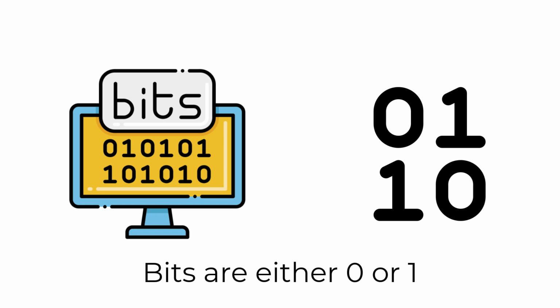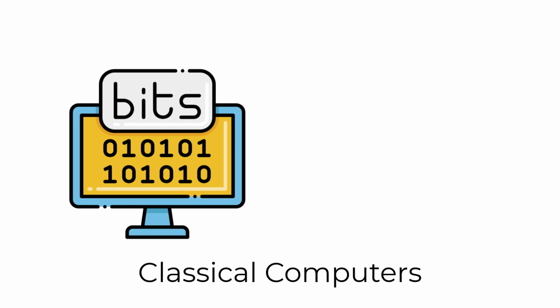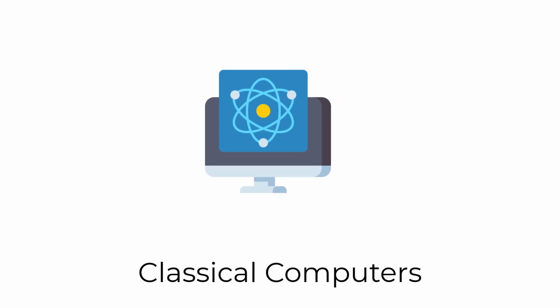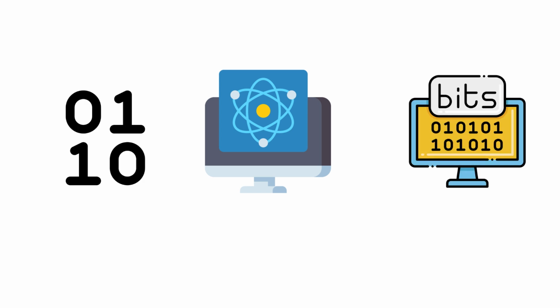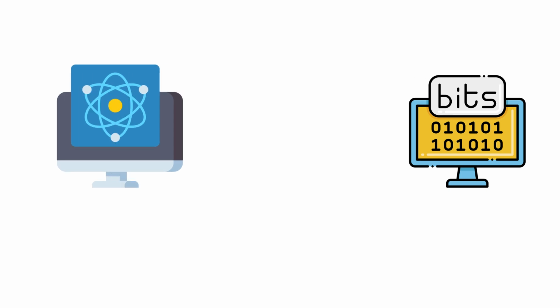Let's try to understand what classical computers are before understanding quantum computers. Classical computers are based on bits. If you want to learn more about the binary system, that is 0 and 1, you can check our binary video on our YouTube channel. But classical computers just work like a switch. You have a switch in your bedroom.